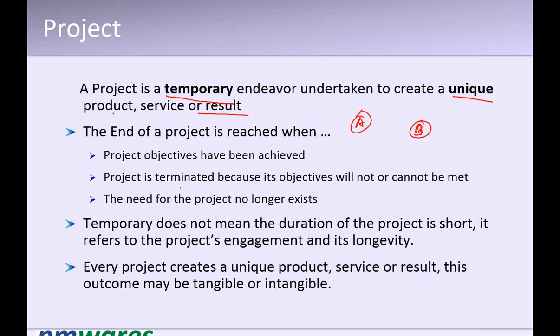Name a builder, DLF or whoever, they have a society complex and they probably have 5 towers, and each one of them has the same configuration, everything. So that particular complex is called one project. It may have 10 towers, but each one of those towers is not a different project. They are part of the same project because they are not unique. The towers are not unique.